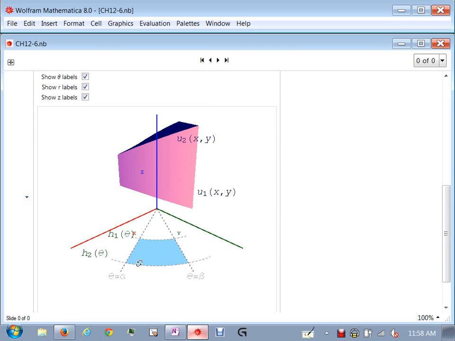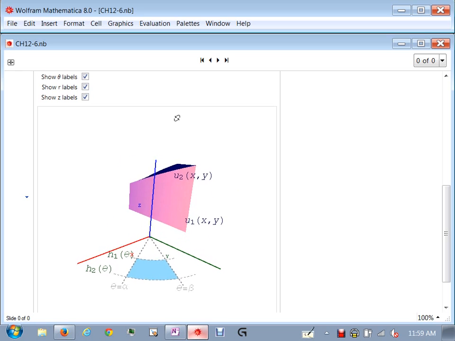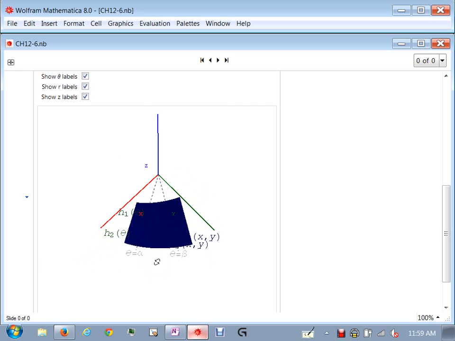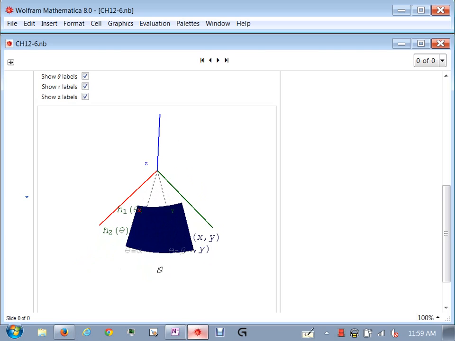Theta was between two constants. The radius was between two constants. Our z here is between two functions. And that's what it looked like. So if I look at it from the top like this, that's what the shadow on the ground looked like, and that was like a polar region.